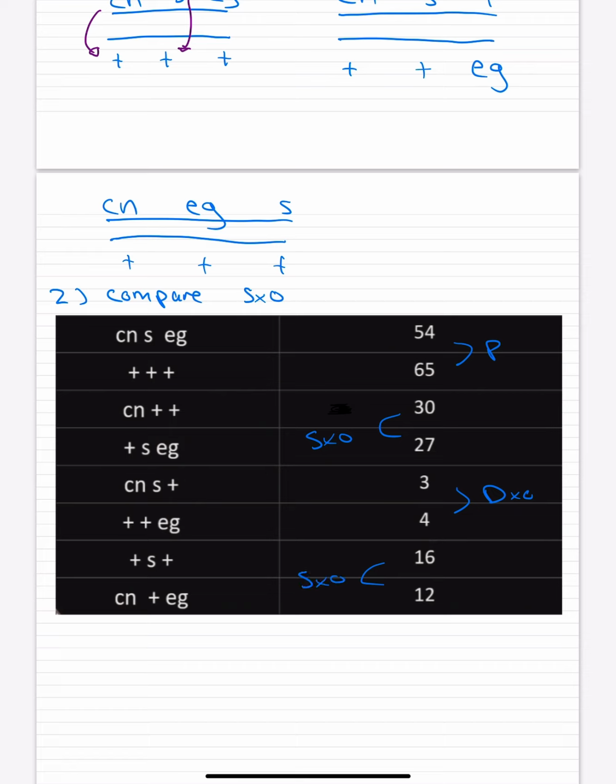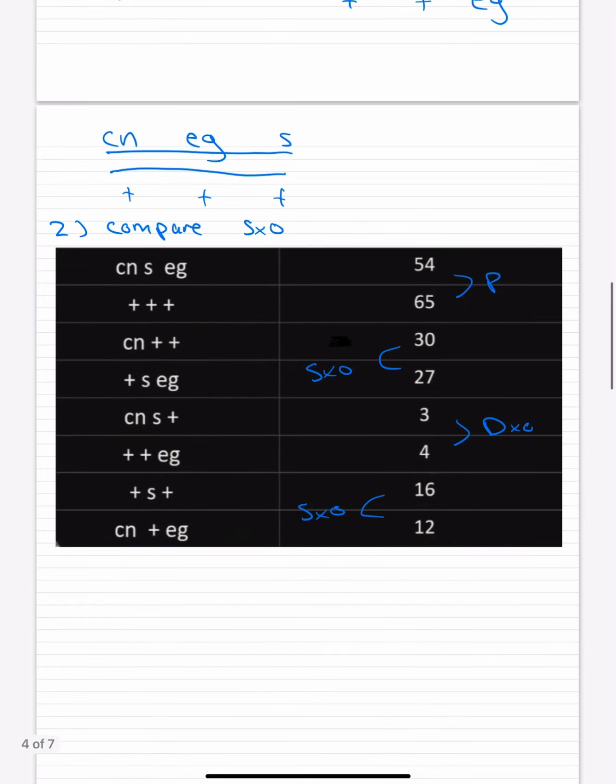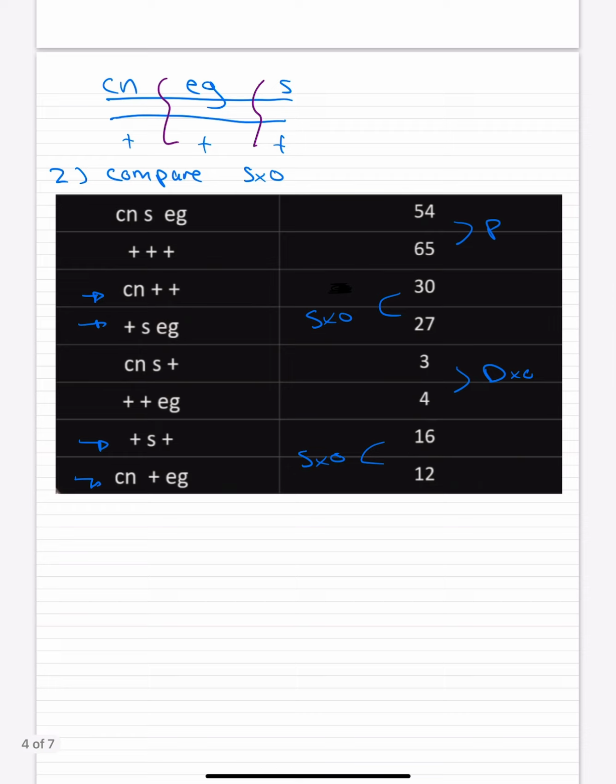Now simply what you want to do is find out which crossover occurred in order to get one of these single crossovers. If it was a crossover between CN and plus or S and plus. That's what we're trying to find out now. So what we're going to do is compare that with the parentals.